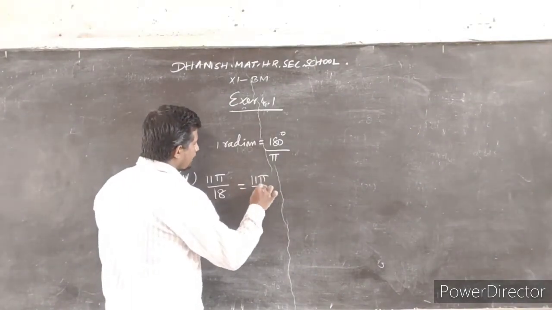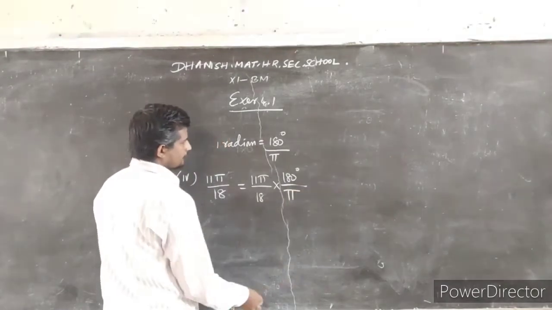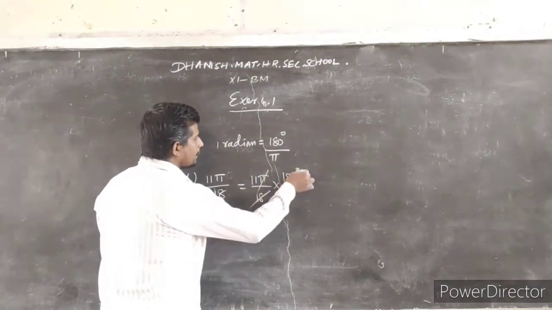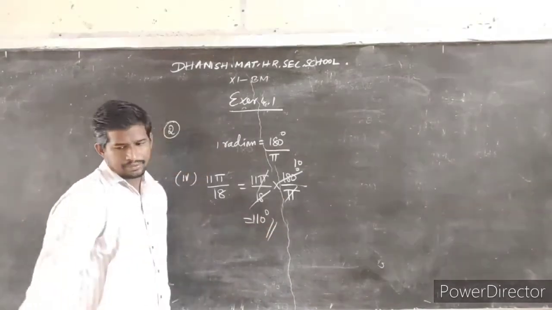So 11 pi by 18 into 180 degree divided by pi. Pi will get cancelled. 1 time 10 times. So this is equal to 110 degree.